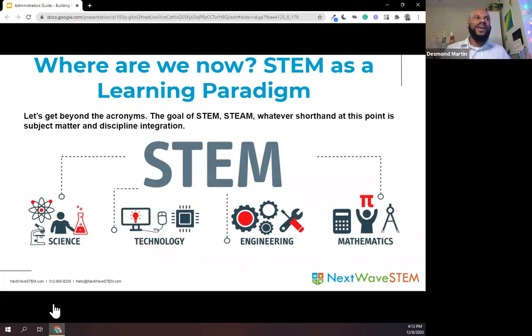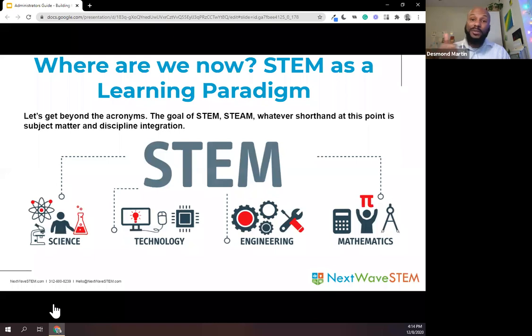If you get beyond the acronyms, you have to understand that the whole purpose, whether it's including arts or if you're talking iSTEM or if you're talking METS, if you're engaged with CTE, if you're engaged with vocational training, architecture, whatever your context is around technical skills involving math, science, and technology, you're really talking about two things that are critical.